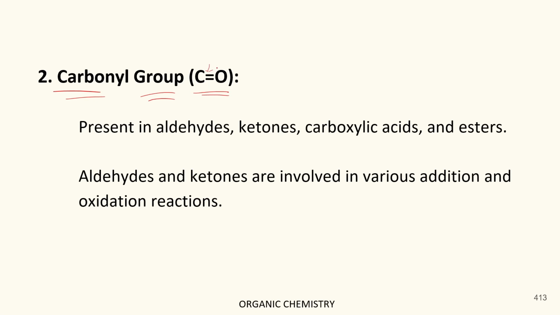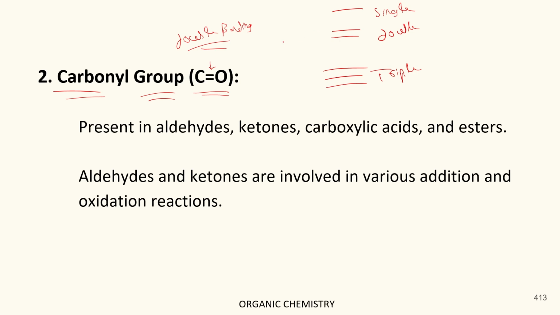The second one is the carbonyl group, basically represented by this. It imparts double bonding. Remember, single, double and triple. So if you see this, just recall it is a double bond, and if it's a double bond, it will be an unsaturated hydrocarbon.